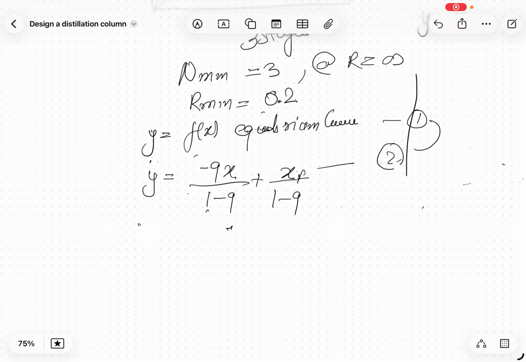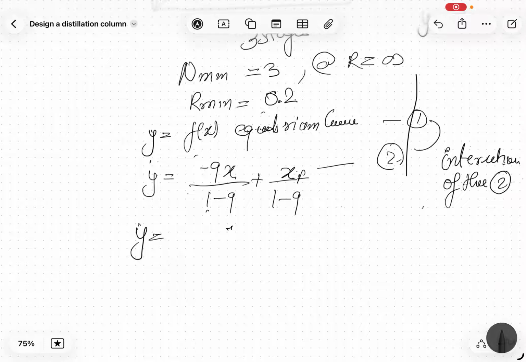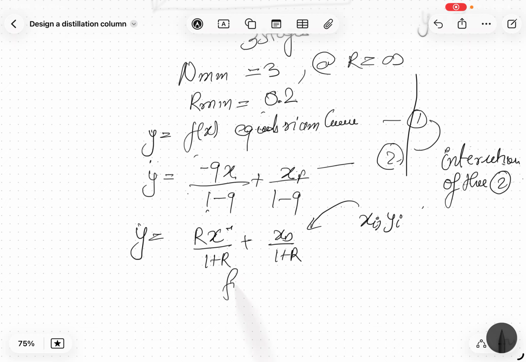Now you find the intersection point of these two, and that point will lie on the curve y = R/(1+R) x + xD/(1+R). So you put the x and y of that point into this equation and find R, and that R is R minimum. That's how you calculate this value.